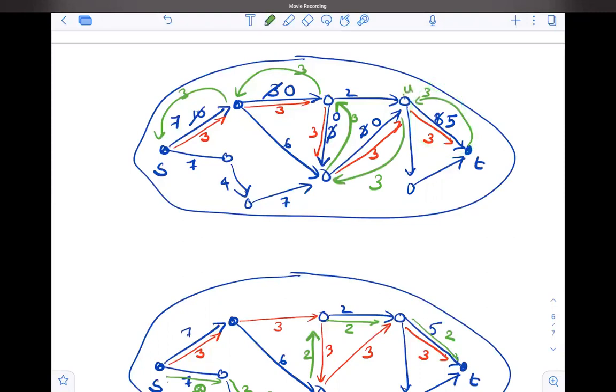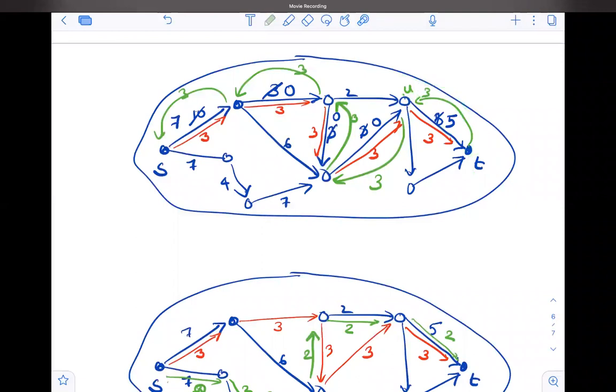You could have sent up to 5 units from U to T. At this point, you are sending 3 units. So you can say you can send 8 units to start with from U to T. You are sending 3 units. So at this point, you have 5 units that you can send more from U to T. Also, since you are getting 3 units from U to T, it is almost like you can refuse to take the 3 units, which in other words means I can send 3 units back from T to U.